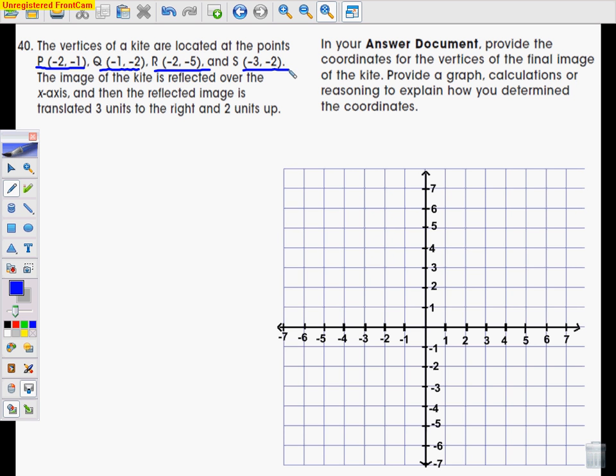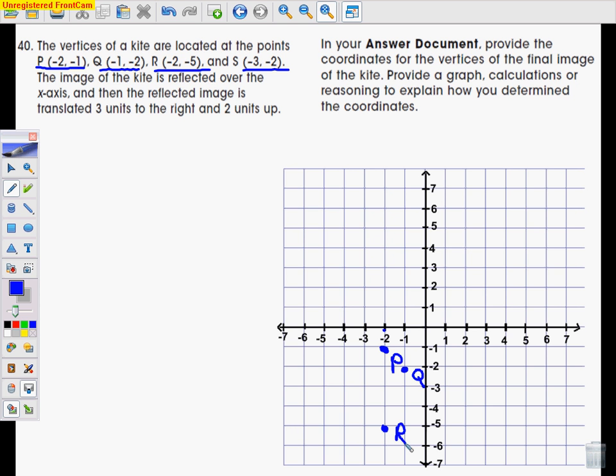So let's start off with P, (-2, -1). So here's P. And then Q, (-1, -2). That'd be Q here. And then R is (-2, -5), so that'd be here.